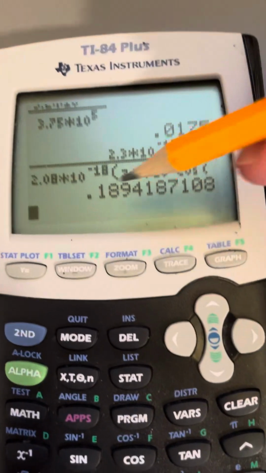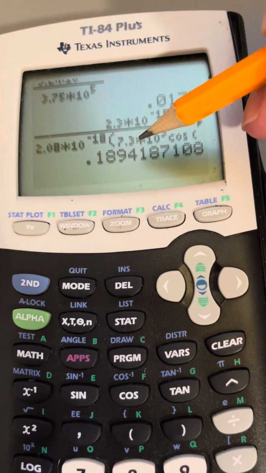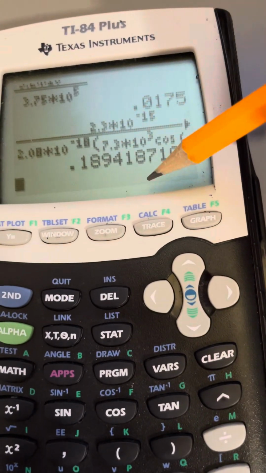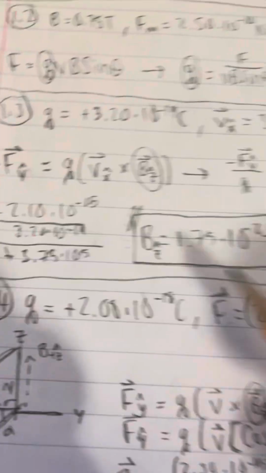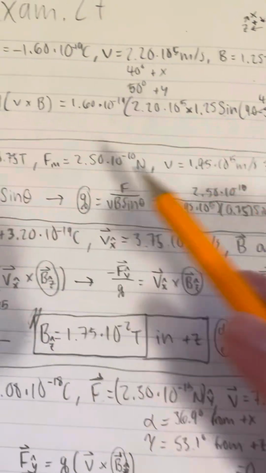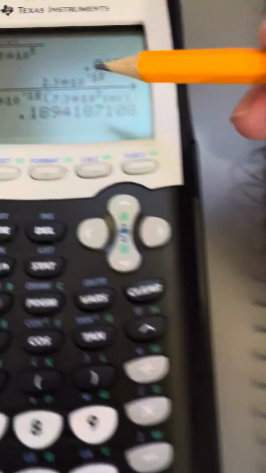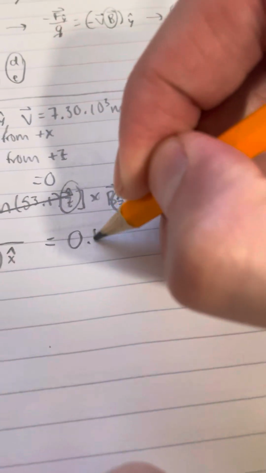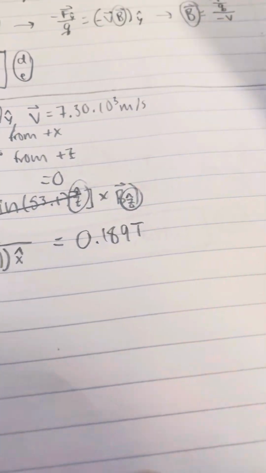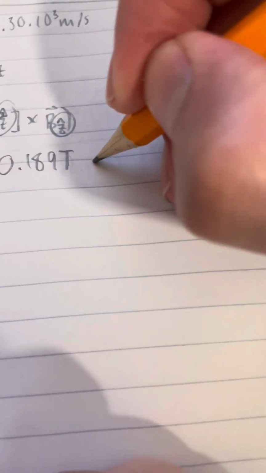That's going to give us 0.894, etc. Let's just do 3, so let's just say 189 T. Based on the directions of both of these, because the next part, part G, is asking for which direction, I won't jump the gun, and I'll say in the negative y direction.